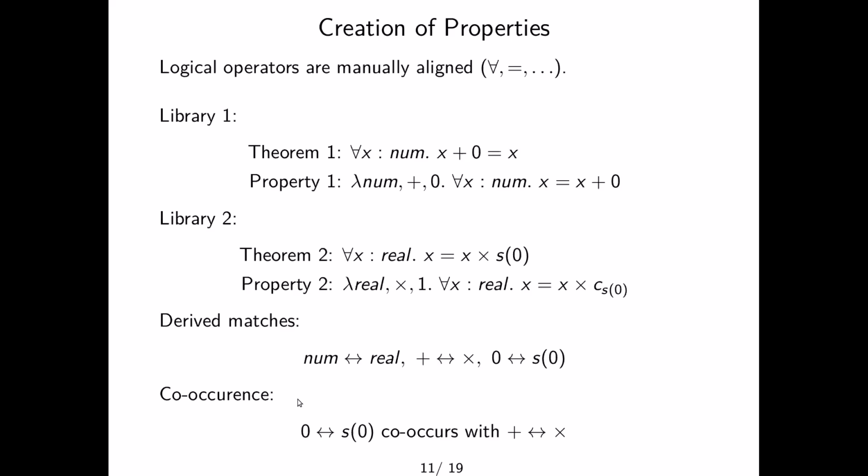But if we assume, wrongly or approximately, that 0 is similar to successor of 0, we should also give a higher weight to plus being similar to multiplication. They are interdependent. The more I trust that 0 is 1, the more I should trust that plus is multiplication.